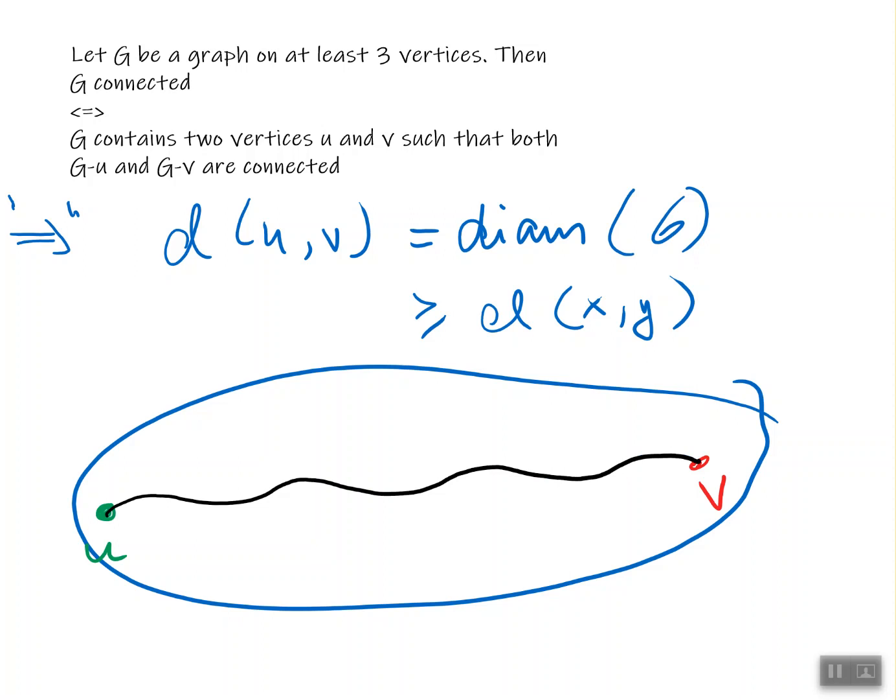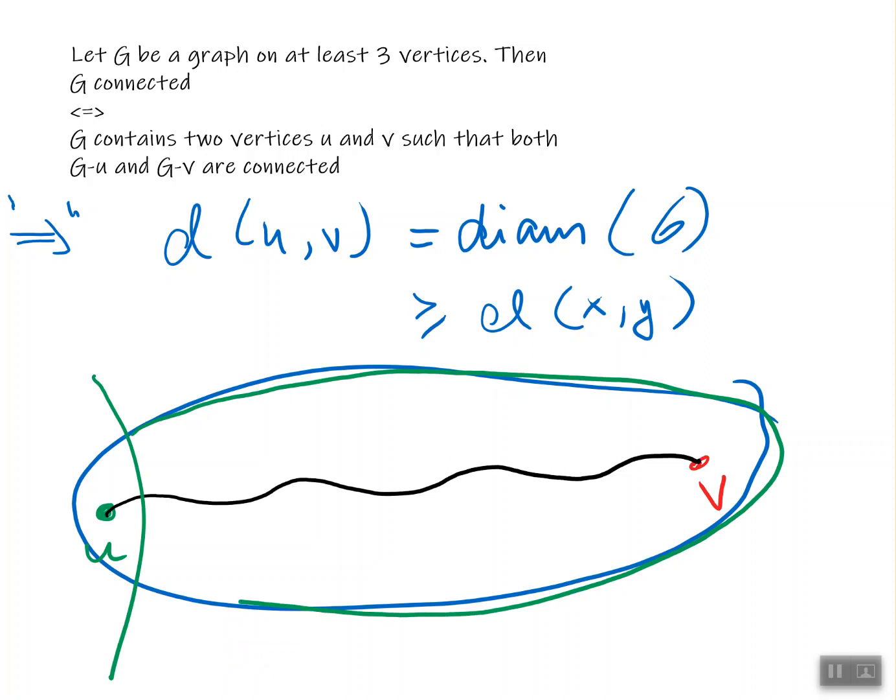So why are our 2 graphs now connected? Well, let's again cut away the vertex u and look at this green graph and see that it's connected. The red graph we don't really have to do, because the argument is just going to be the same as the one for the green graph.